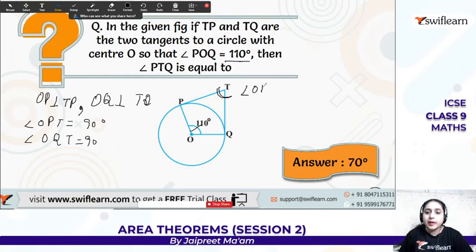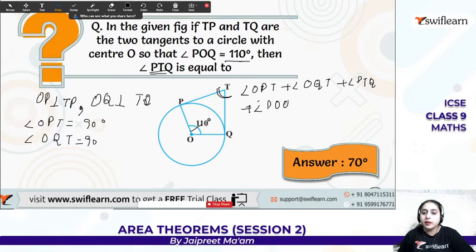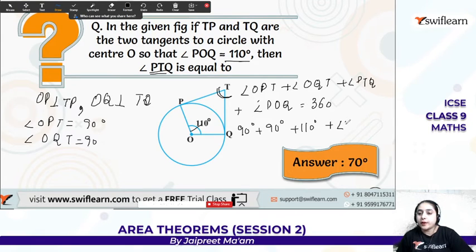Let's use this property and substitute the values of the angles, and we will be able to find out angle PTQ. Angle PTQ plus the other angles, including POQ, which is given, is equal to 360. So 90 degree plus 90 degree plus 110 plus angle PTQ is equal to 360 degree.